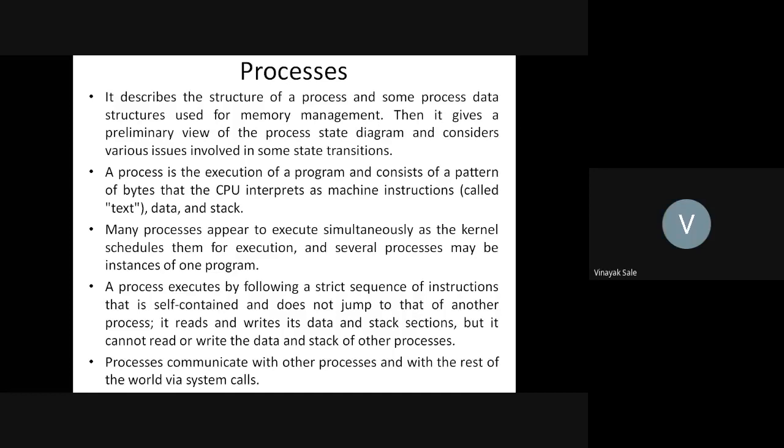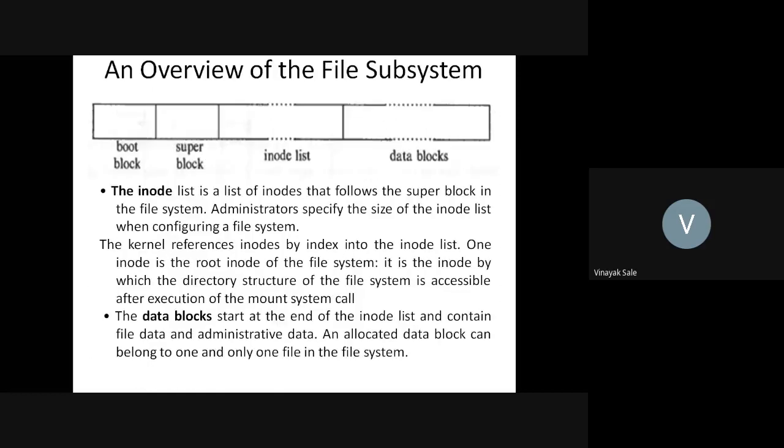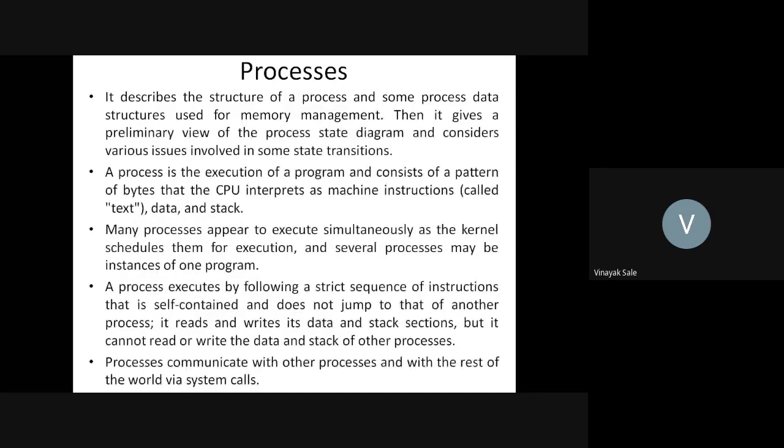Good afternoon to everybody. In the last lecture, we studied different blocks of the file system: boot block, super block, inode block, inode list, and data block. Then we move towards processes.